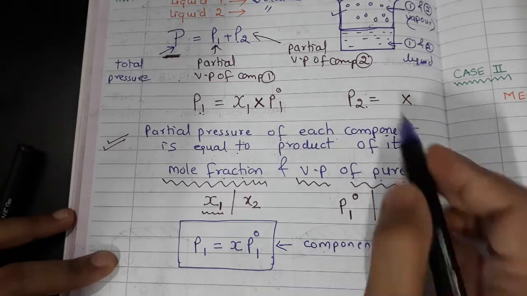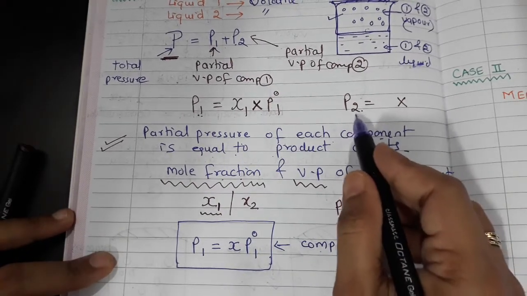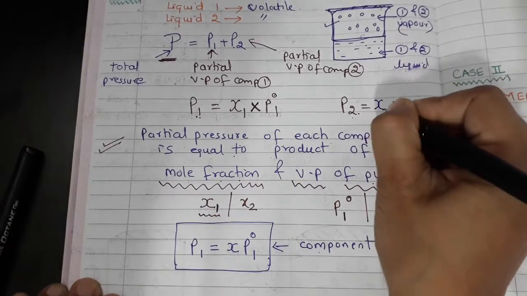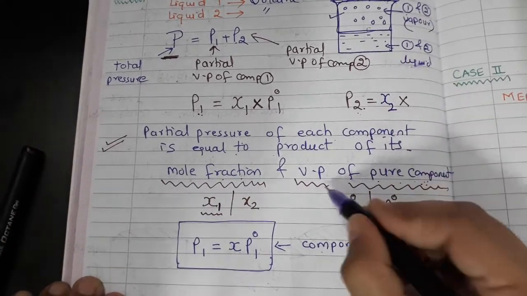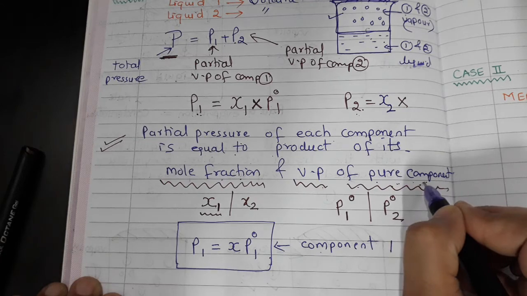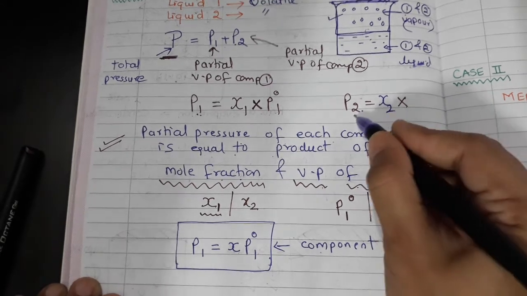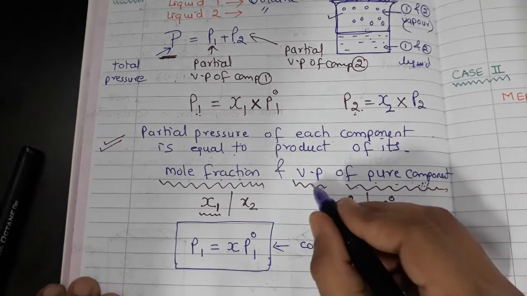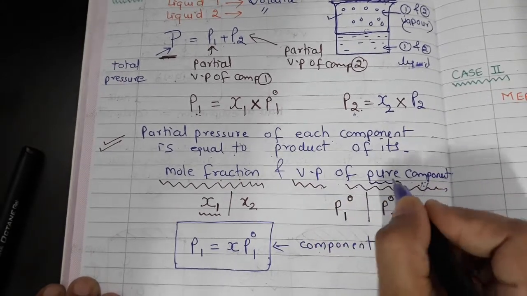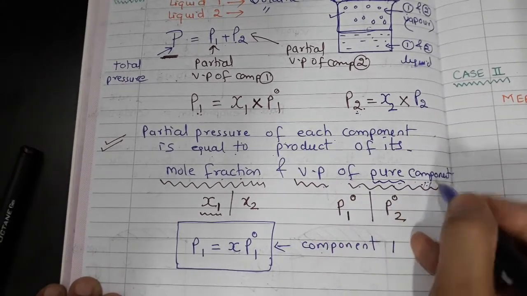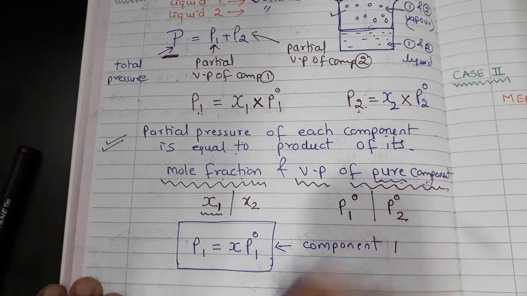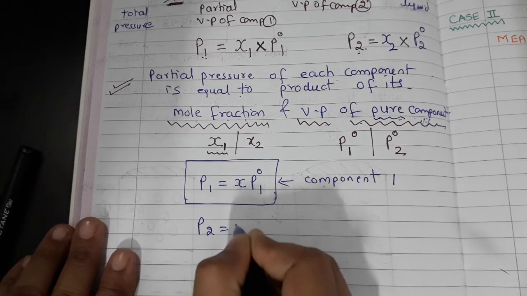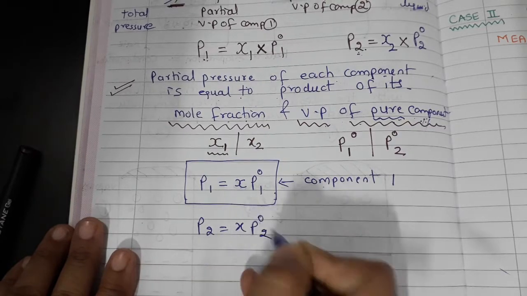Now let us focus on P2 also. For P2 also, what is the mole fraction? It is X2, multiplied by vapor pressure of pure component. Means component is same, it is 2 only, but its vapor pressure when it is pure, when it is alone, when it is only that component. So I write here P naught 2. So I would write here P2 is equal to X2 P naught 2.